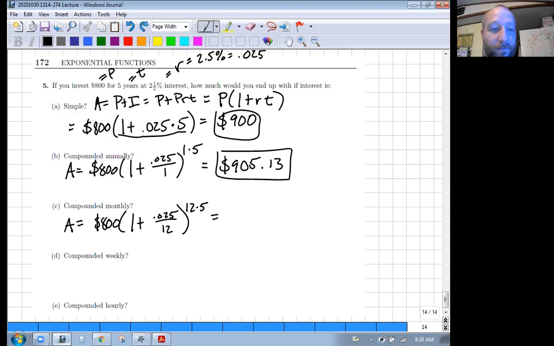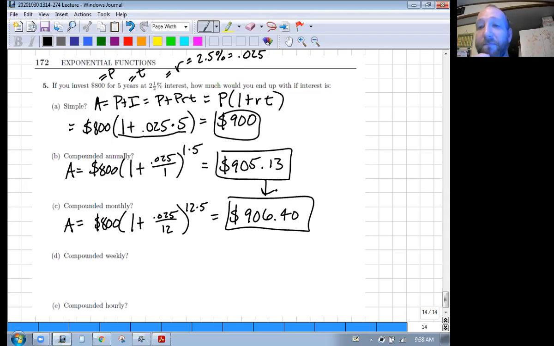Oh, I did something wrong here. 0.025 divided by 12 plus 1, to the 60th power, times 800. This is $906.40. So we made an extra dollar 30.